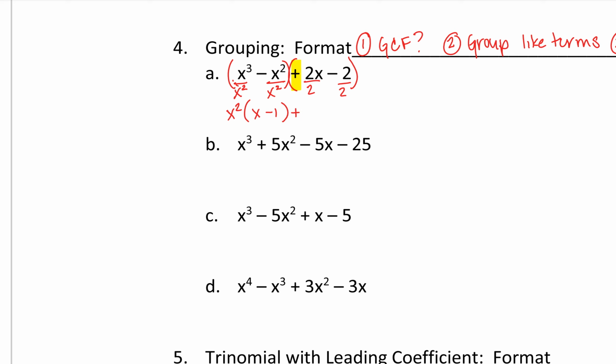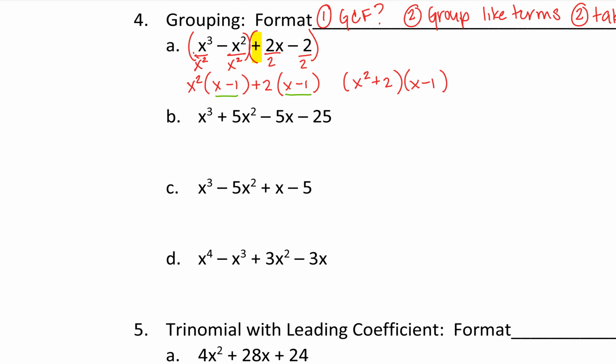I pulled out a positive 2, and I'm going to do my division so that I get an x minus 1 remaining. Once these two terms in parentheses are exactly the same, then I can take them and put them into their new grouped parentheses so that I take the first values and I get x squared plus 2 go into their own parentheses, and x minus 1 goes into his own parentheses.